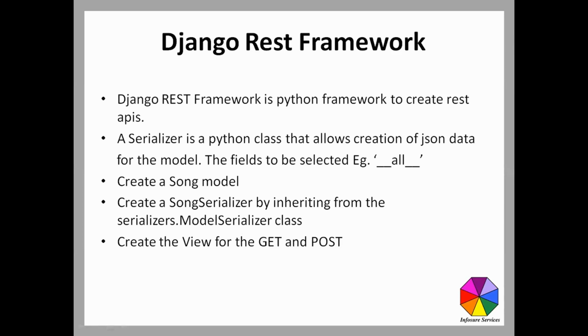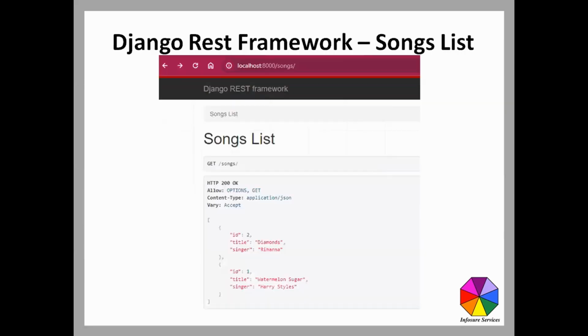A serializer is nothing but a flattened model that allows creation of JSON data. So when I say a product, the product name, pencil, name, pencil.